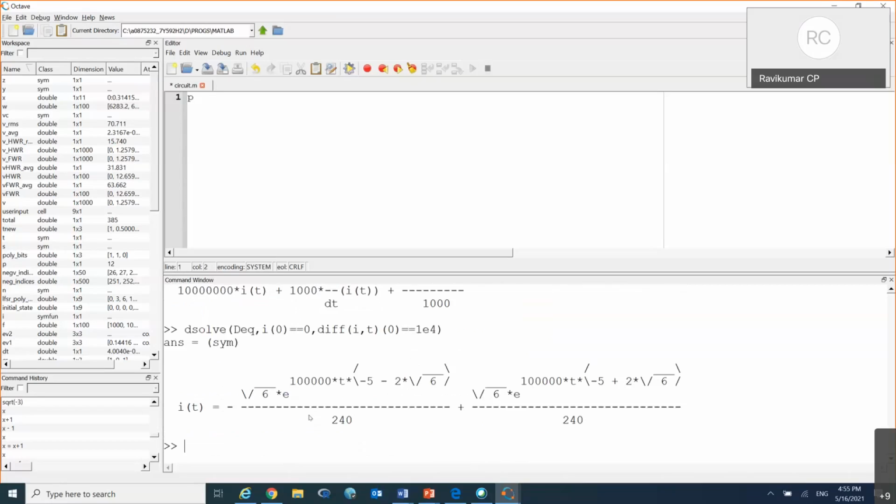It has become overdamped, so you will get two large exponential terms. And you can plot them using ezplot and see the waveforms. It is very easy to use this tool for solving differential equations.